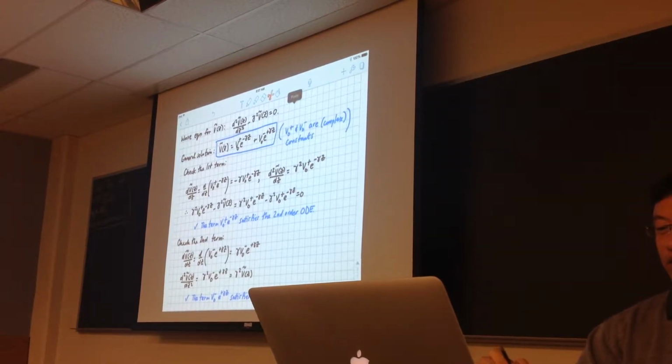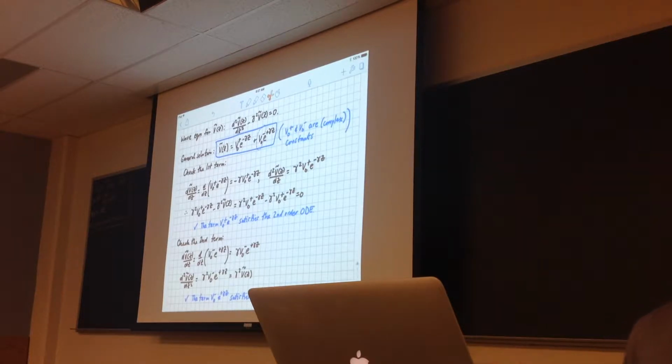We have the differential equation. We haven't talked about the boundary conditions yet. We will see that these constants V0 plus and V0 minus will be determined by the boundary conditions.